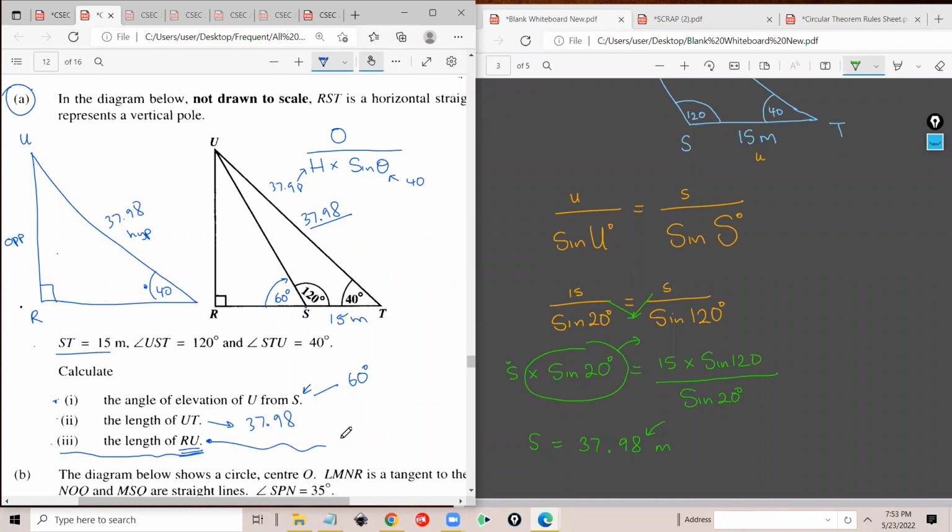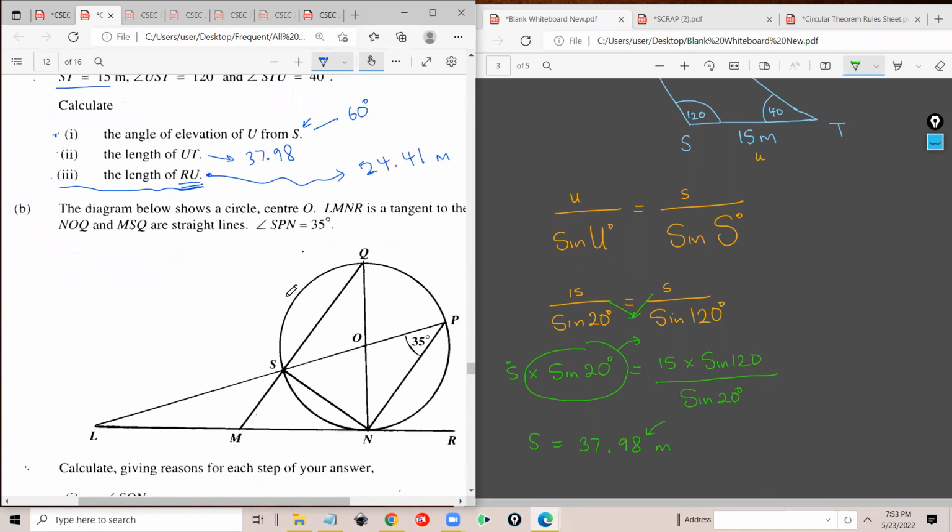And I am getting 24.41. All right, so sorry about that. But this question was almost identical to the previous question. All right, so let's move on back to the scary question.